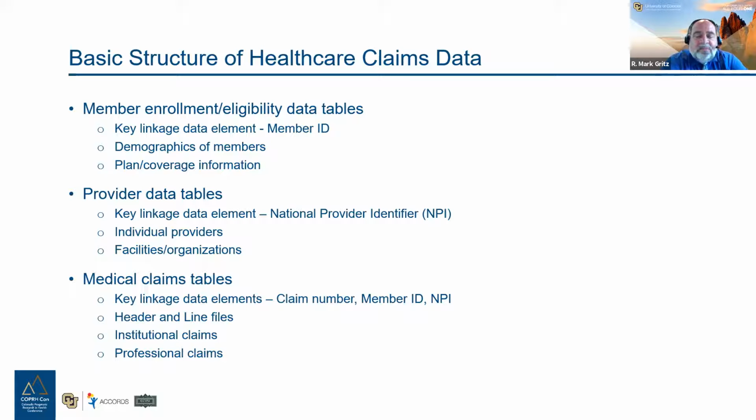Medical claims tables come with both a header file and a line file, and we'll talk a little bit more about what are in those files later, but essentially the header file is a summary of the entire claim, and individual claim line files are related to specific services that a provider is going to request payment from a healthcare plan for.